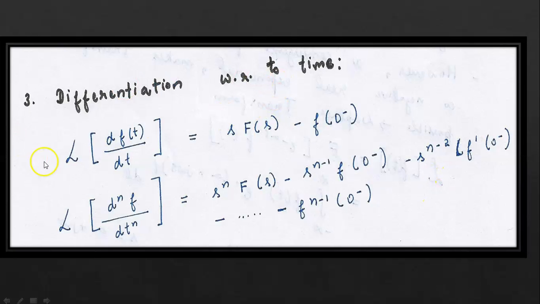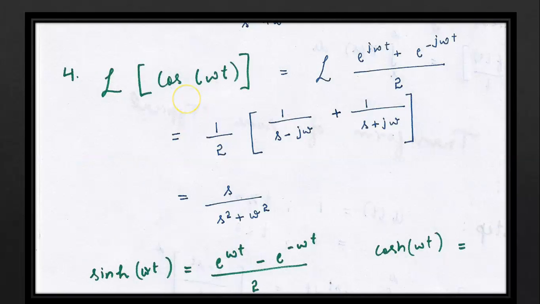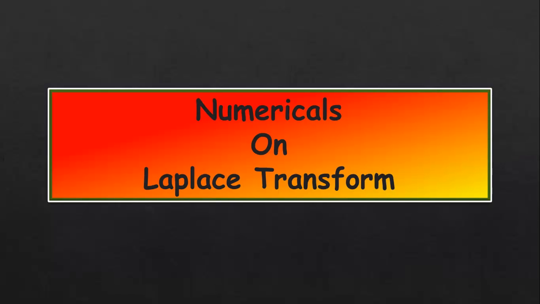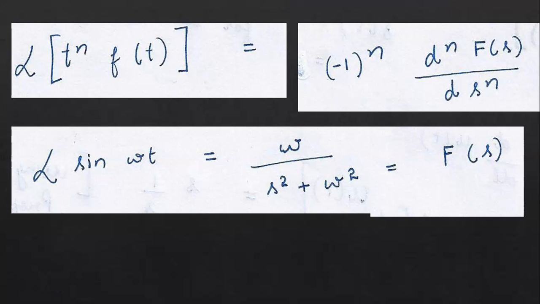You remember this. Now let us see some numericals. We will use the properties as well as the derivation of important functions which we discussed in the earlier slides to solve these numericals. First is t square sine of omega t. So we know that Laplace transform of t raised to power n f of t is equal to minus 1 raised to power n, d^n F of s divided by ds^n. So Laplace transform of sine omega t is equal to omega by s square plus omega square.